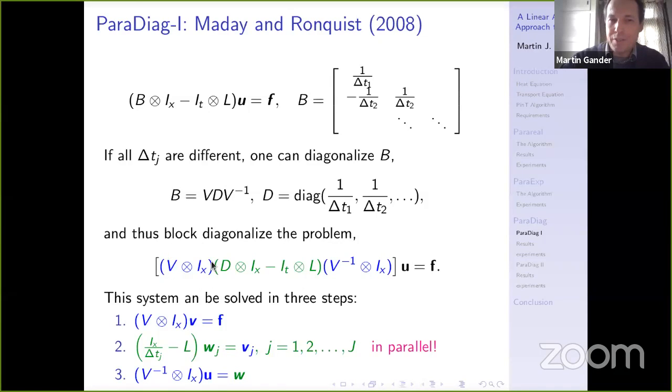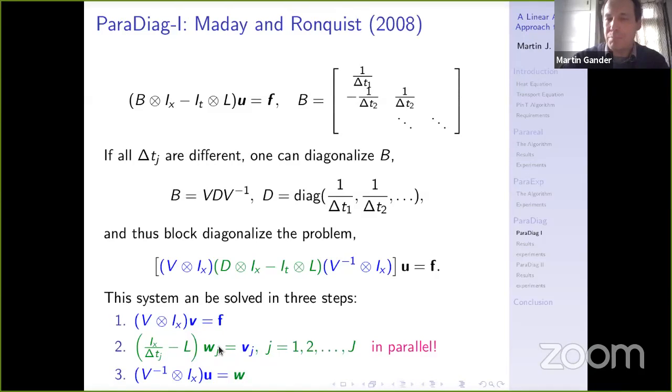So there is a change of basis, then there is a green block diagonal part, and then there is again a change of basis in the blue part. So like if this was an LU decomposition, you can solve this problem now doing 3 steps. You first have to solve with this part for a new unknown V, which is this one. Then this becomes the right-hand side, and you have to solve the green part.